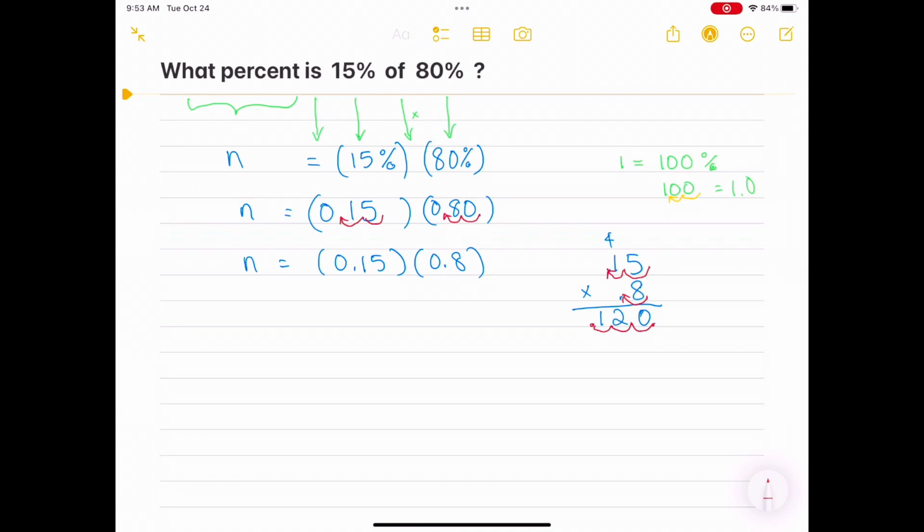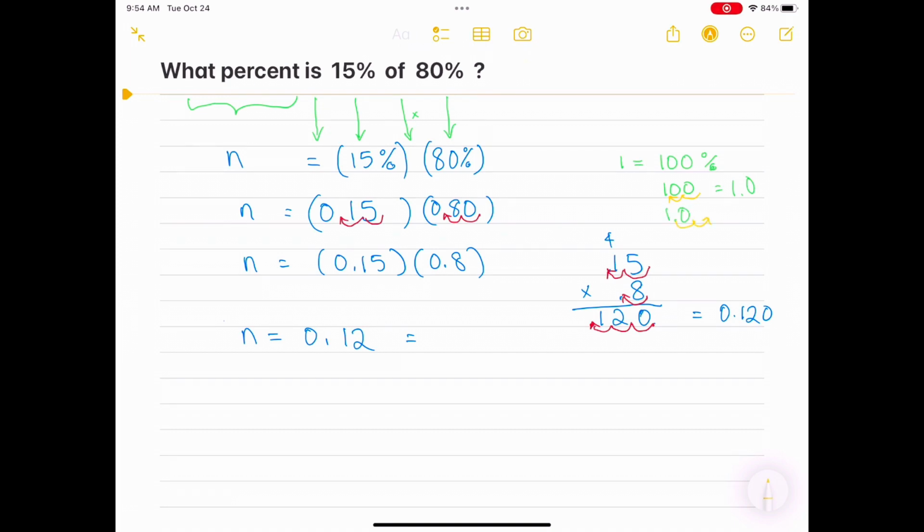In this case, there are 3 decimal places. So we go back to the product, 120, moving that decimal point back 3 places to the left to end up with 0.120 or 12/100ths. So 15% times 80% equals 12/100ths.